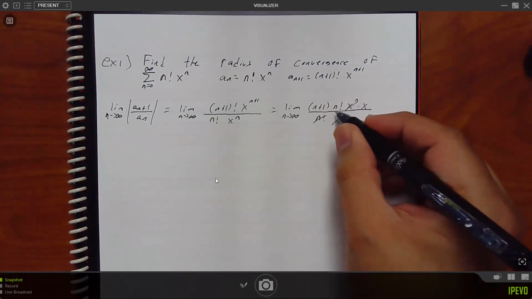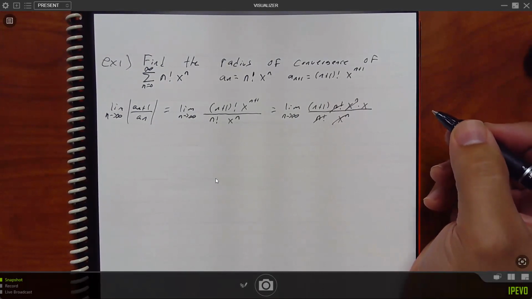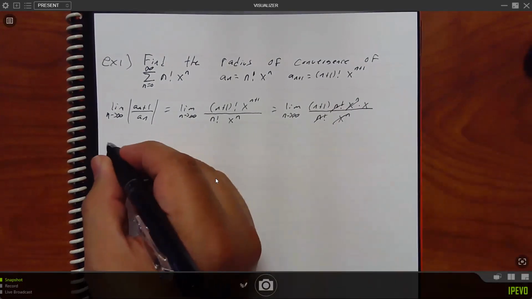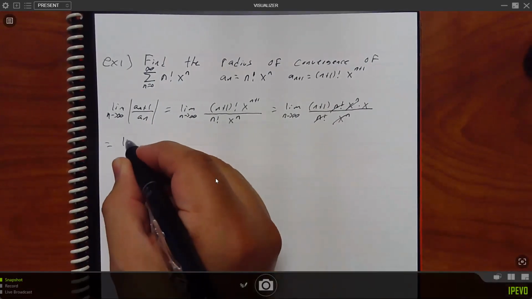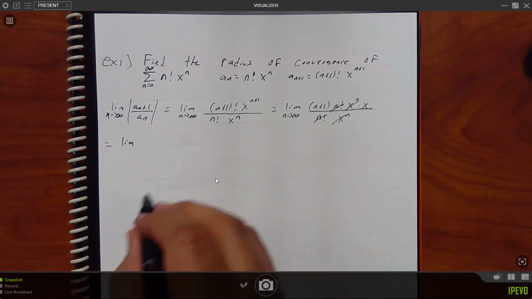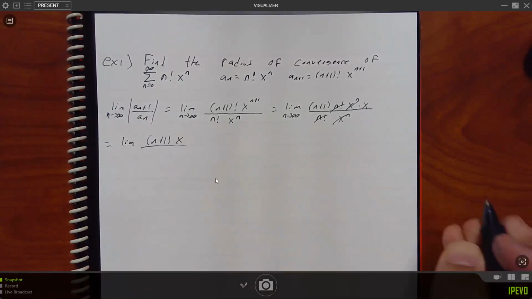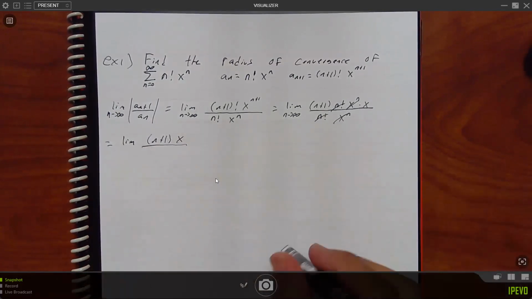So what we have left is the limit of (n plus 1) times x over nothing actually. Okay.